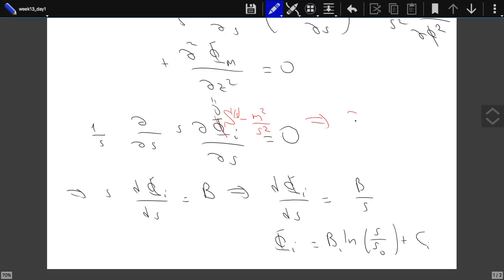And the solutions of this equation are s to the m plus or minus s to the minus m. But then when you use the discontinuity of the component of phi, you will see that m should be 0, so all the a's and a primes should be 0. There cannot be any phi dependence.